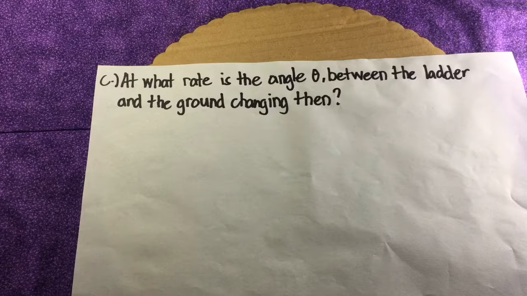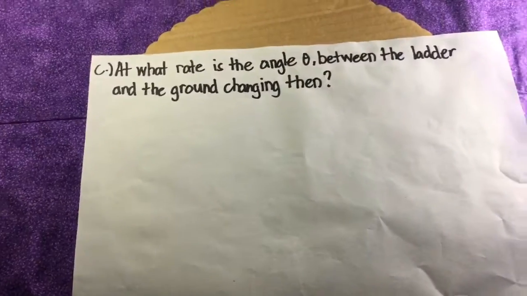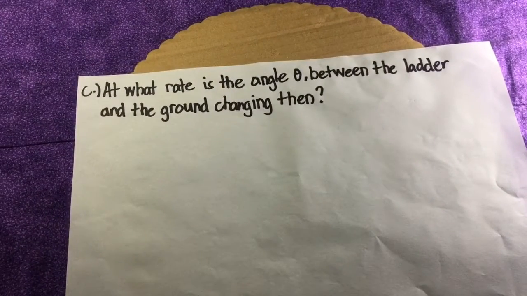So our last question is, at what rate is the angle between the ladder and the ground changing? Can you think of a formula that relates the angle with the sides x and y of a right triangle?